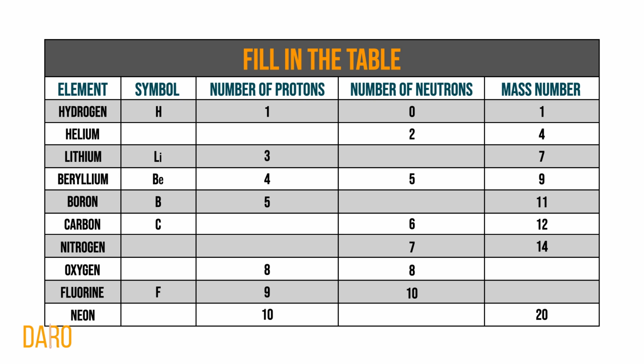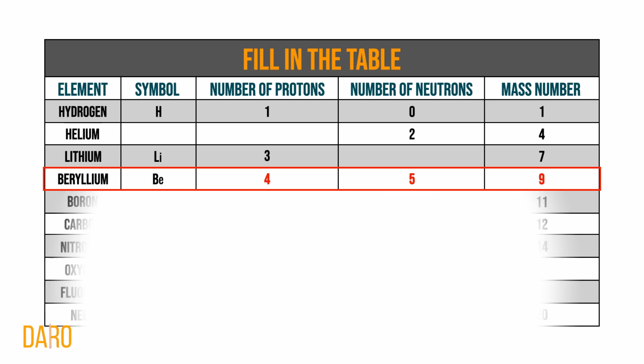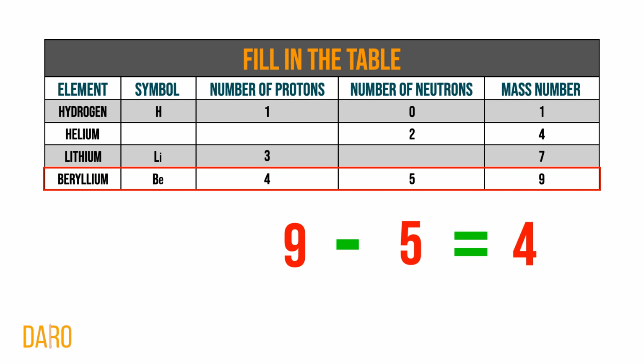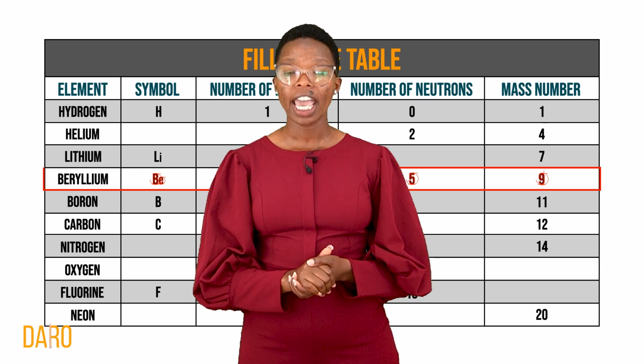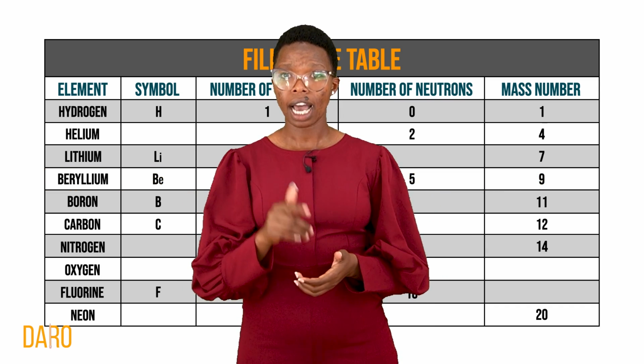Let's do one more. The mass number for beryllium is 9, and the number of neutrons is 5. Therefore, the number of protons is equal to 4, which is the difference between 9 and 5, and the symbol for beryllium is Be. Pause the video and give the rest of the table a try.